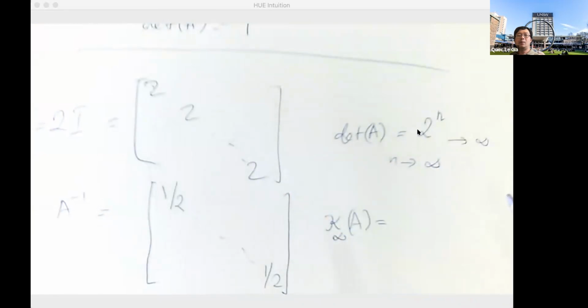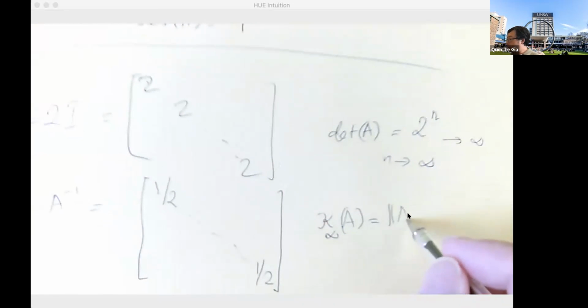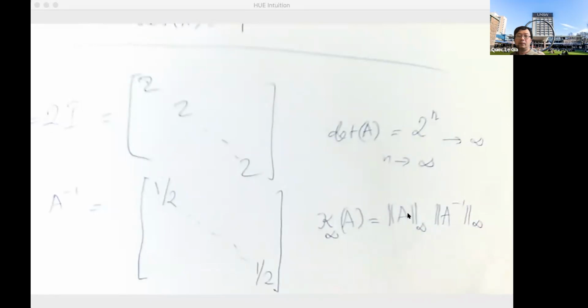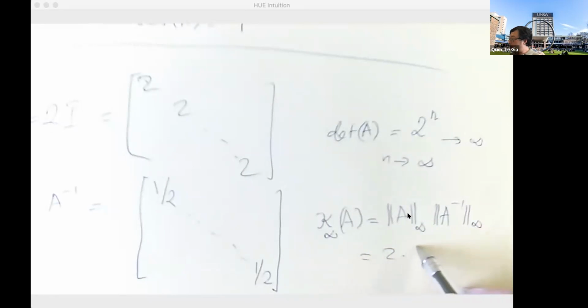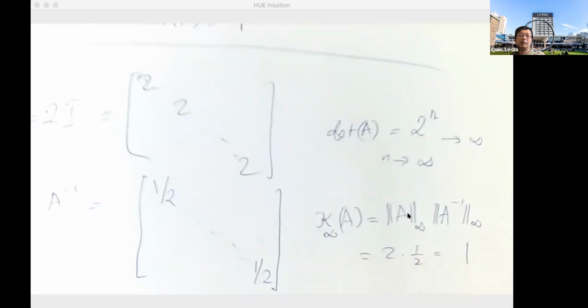What is the maximum row sum of A? And what is the maximum row sum of A inverse? Yeah, 2 and 1/2, right? So the product is just 1. So you see that in this case, the condition number is fixed, always 1.